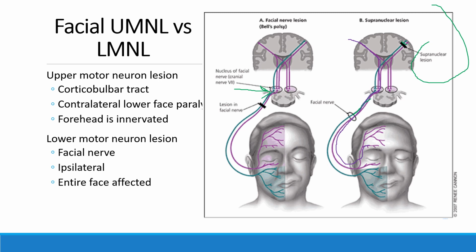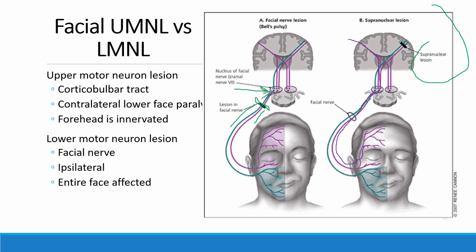So we can see where number 7 is coming from, that pons area. And then we can see the lesion in the facial nerve right here, and it's going to knock out both purple and green at this area. So we're going to see the whole side of the face droop, and it's ipsilateral. Facial nerve, ipsilateral, entire face is affected.